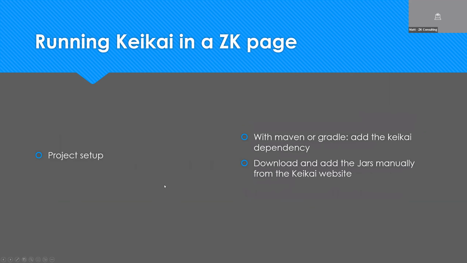Okay, so how do we run Keikai inside of a ZK page? First, we need to load the library. And in order to load the library, the easiest thing is to use either Maven or Gradle, depending on your project setup.